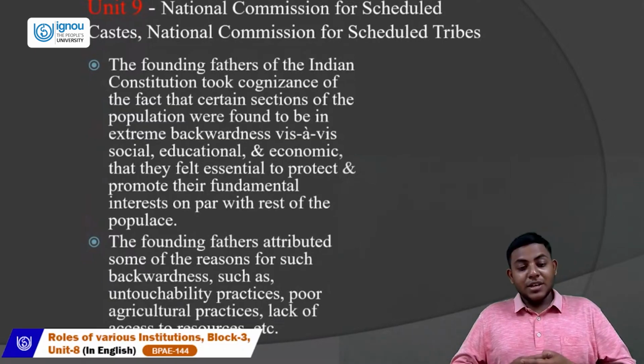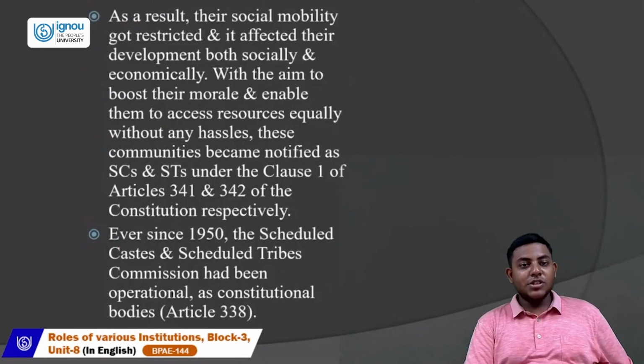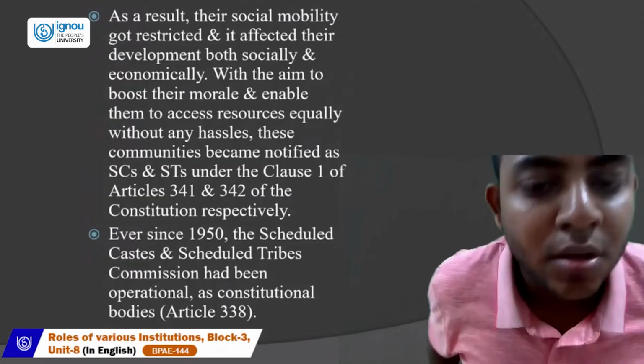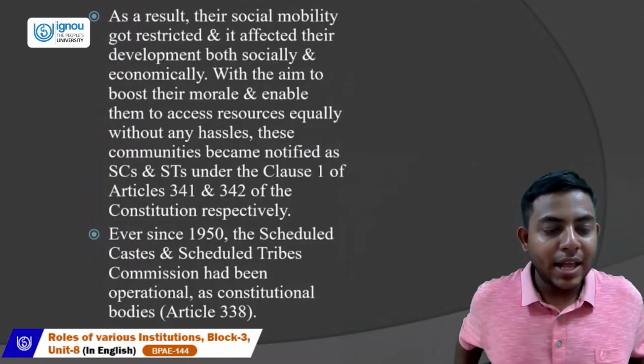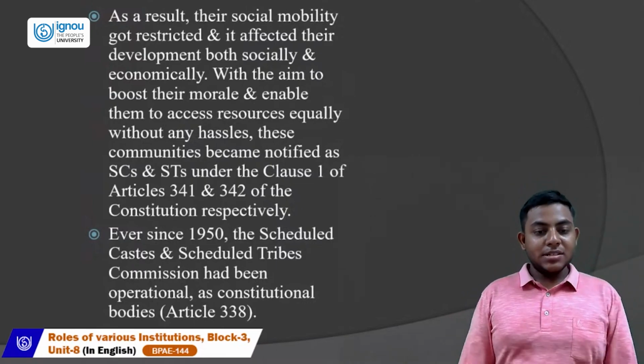The founding fathers attributed some of the reasons for such backwardness to untouchability practices, poor agricultural practices, lack of access to resources, etc. As a result, their social mobility got restricted and it affected their development both socially and economically, with the aim to boost their morale and enable them to access resources equally without any hassles.